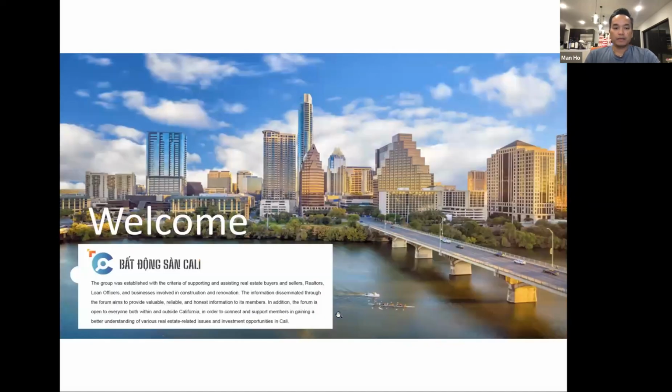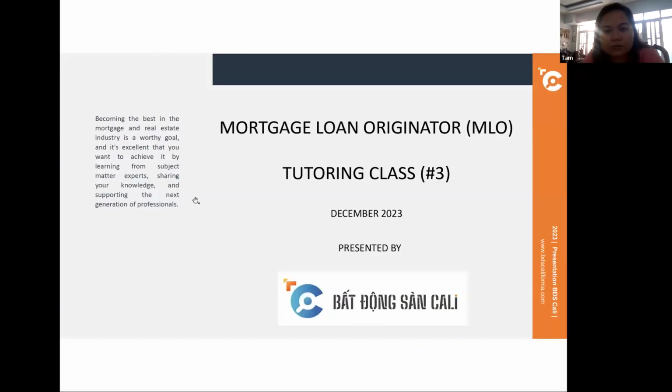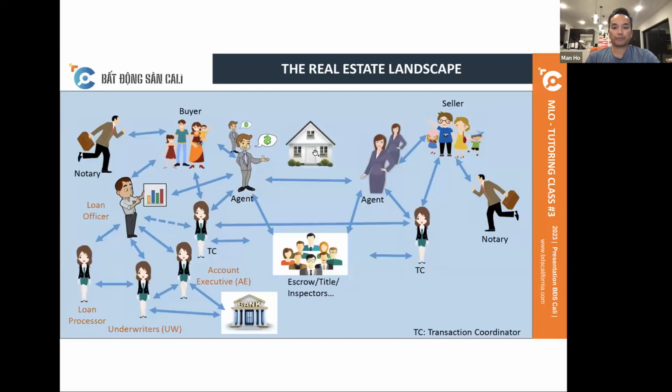Okay, so now we're going to go with class number 3. I made an update to this landscape here, the real estate landscape, so that it includes the bank, the account executive, the underwriter, and the people associated with the bank, the lender, to help and support the loan officer.